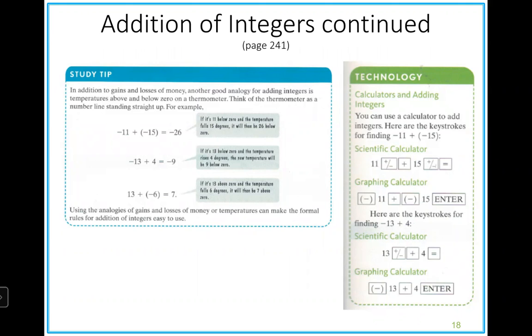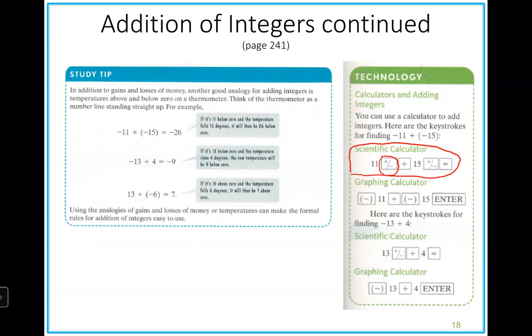If you have a scientific calculator, you will see some of those calculators have this symbol right here that I'm circling, to allow you to change the number to negative. It depends on the calculator you have. This one here is telling you how to do it using a scientific calculator.